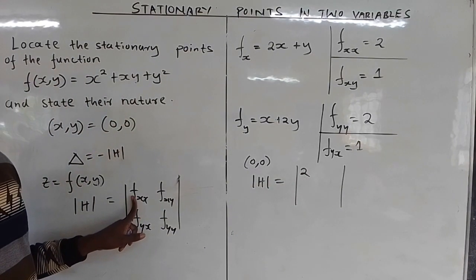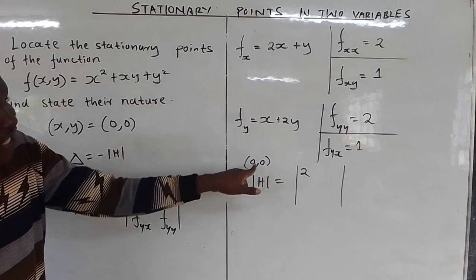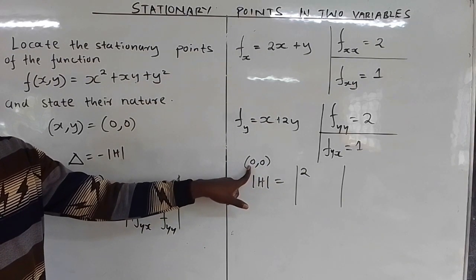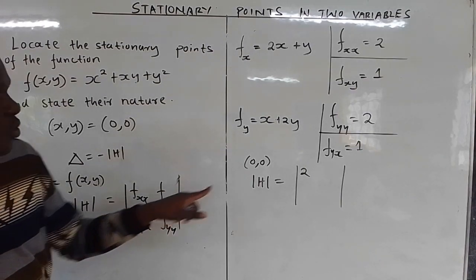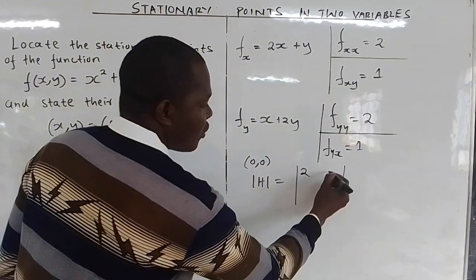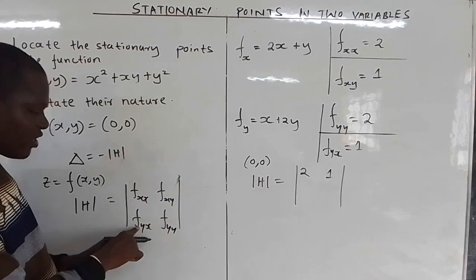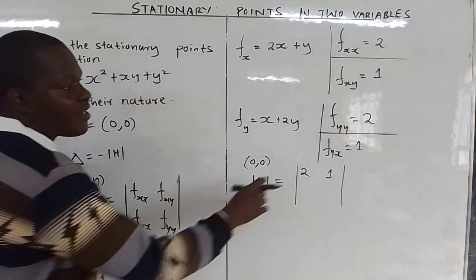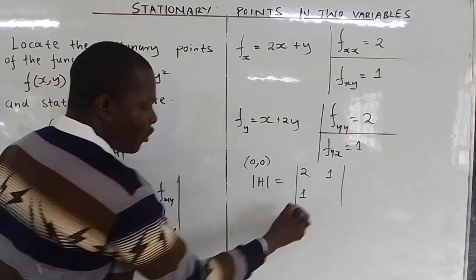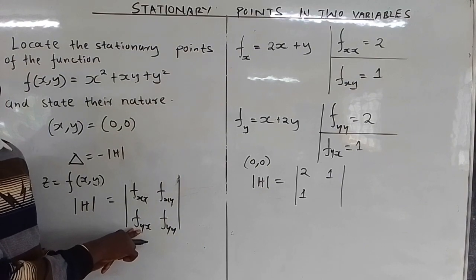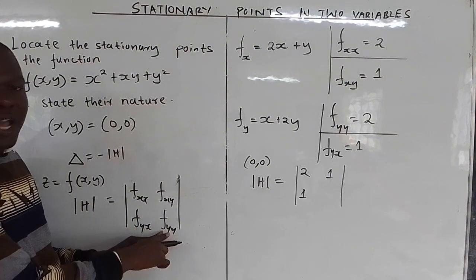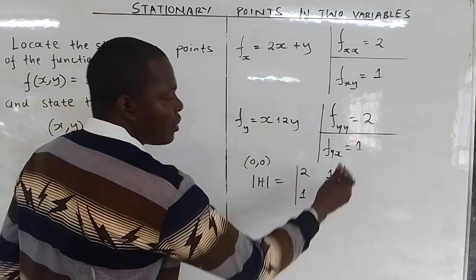If it was maybe 2x, then you substitute the value of x of the point we're dealing with, to make it a constant, isn't it? Then the next one, f of xy, you substitute where it is supposed to be. Then f of yx, you put it where it's supposed to be. Then this last element, f of yy, you put it there.